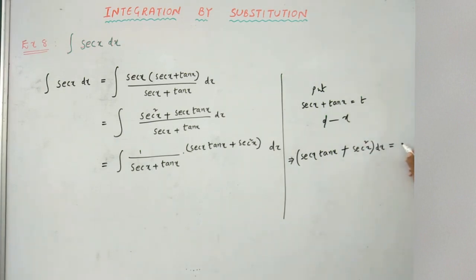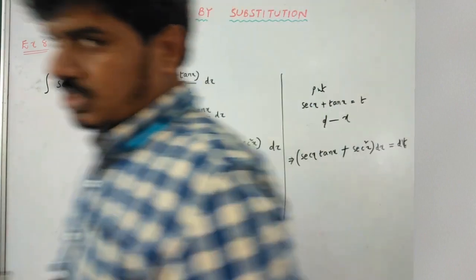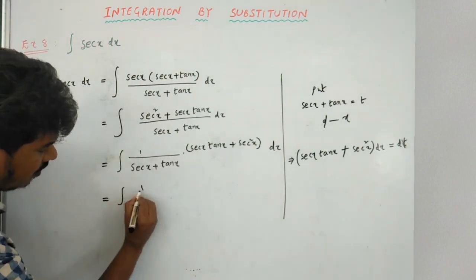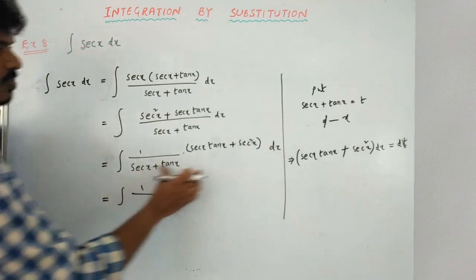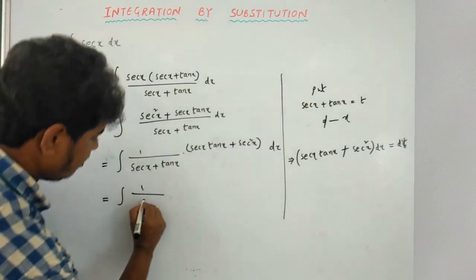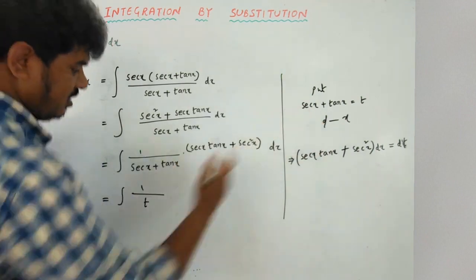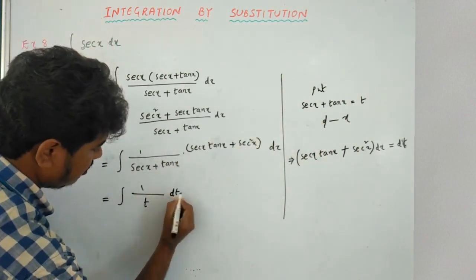So dx equals dt. Now the integral of 1 divided by t, times dt.